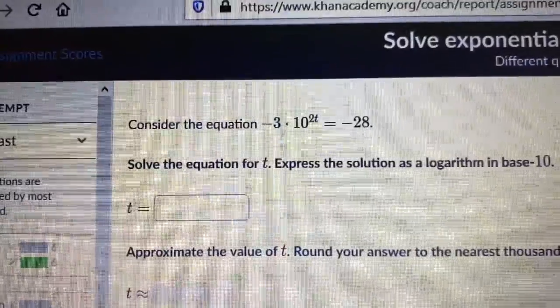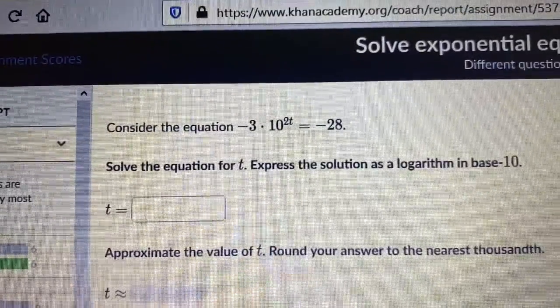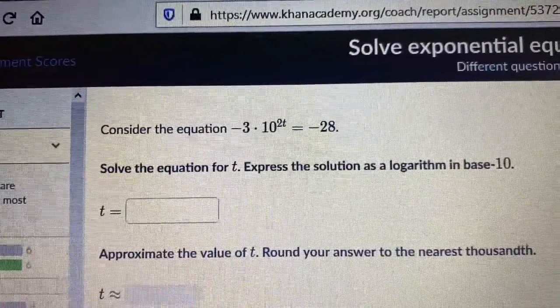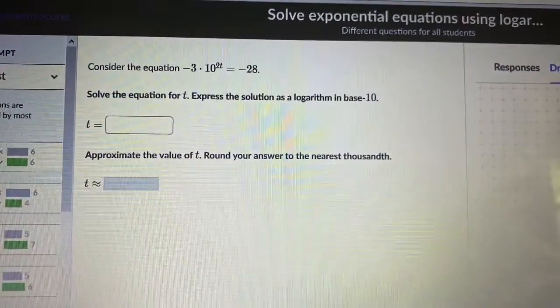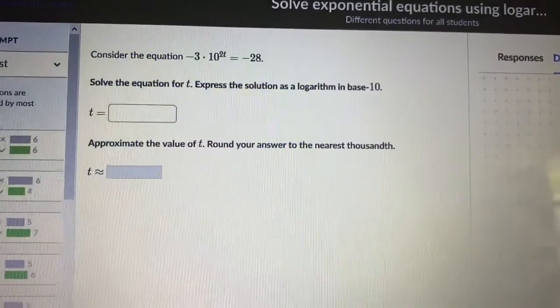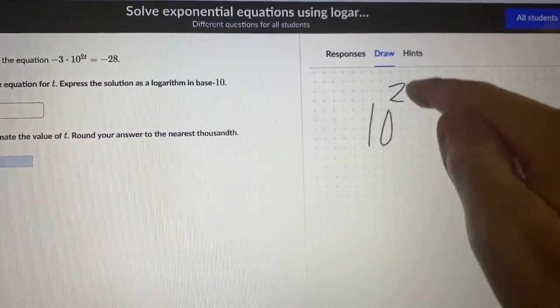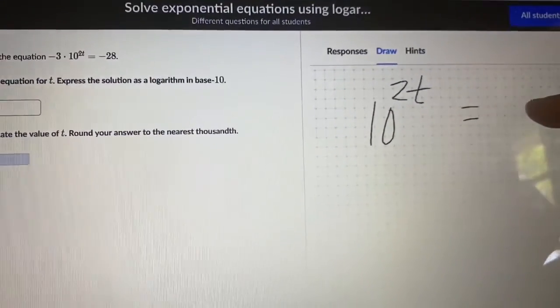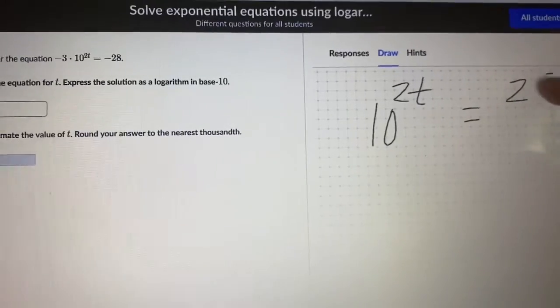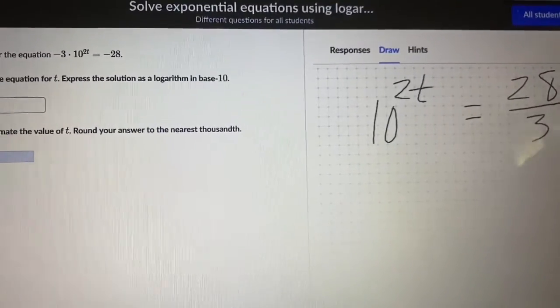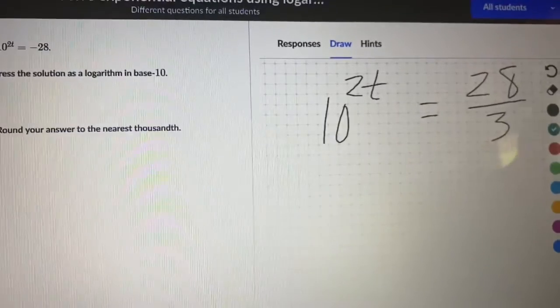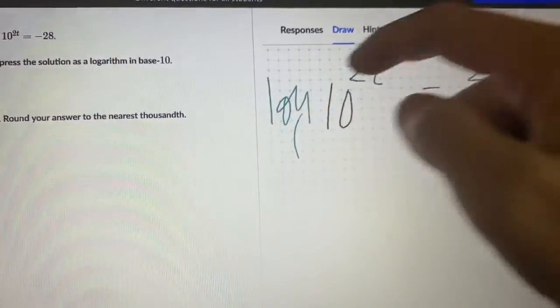This one, I take my negative 28 and first divide by negative 3 on both sides. So we have 10 to the 2t equals, I'm just going to make that a positive, 28 over 3. Plain logarithm this time.